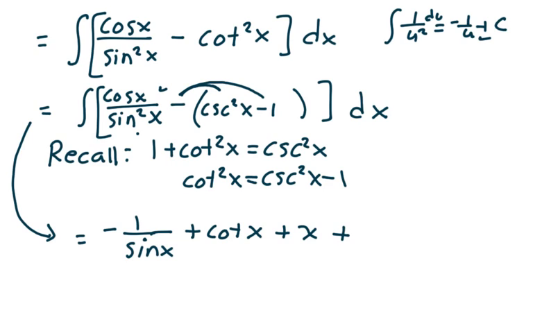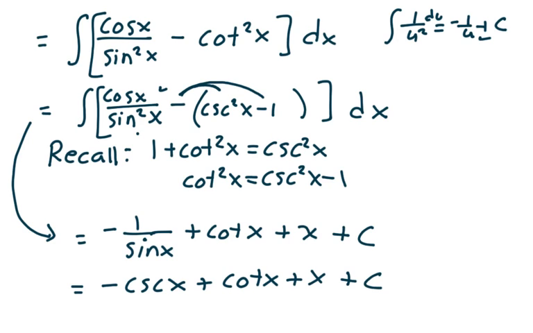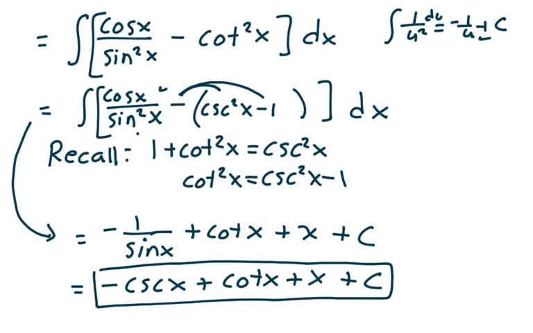And then I'm going to add c. And so this is negative cosecant x plus cotangent x plus x plus c. And that's how you do example 4.